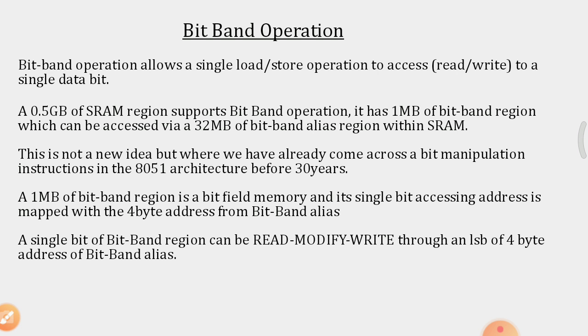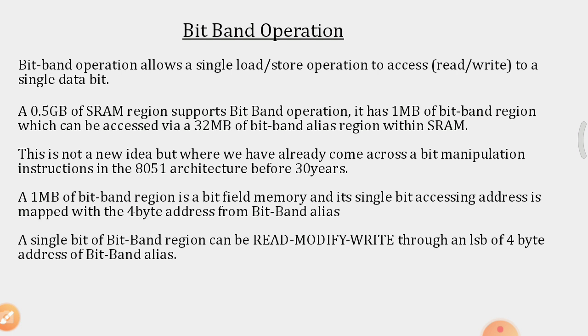How it is remapped, we will see in the next slide. A single bit of the bit-band region can be read, modified, and written through the LSB of the 4-byte address of the bit-band alias. See how it is attached to the bit-band alias. Here we have 1 MB of memory which is also word aligned.